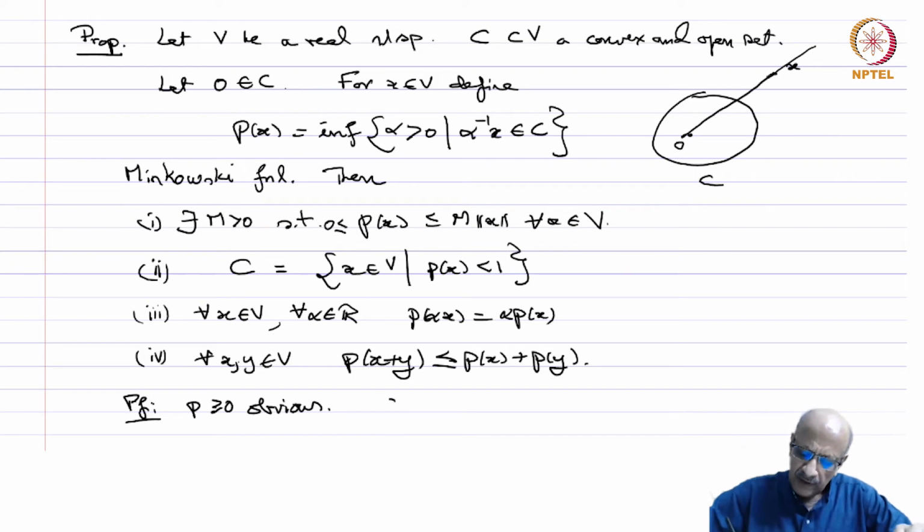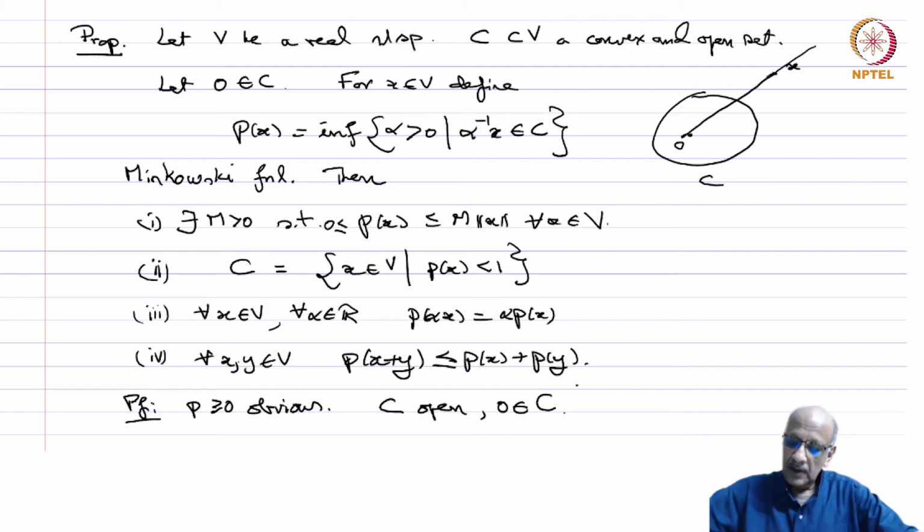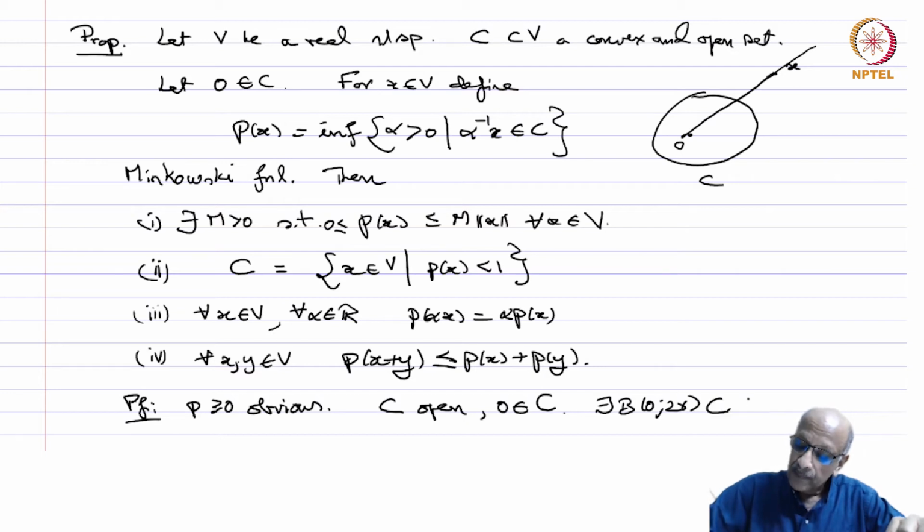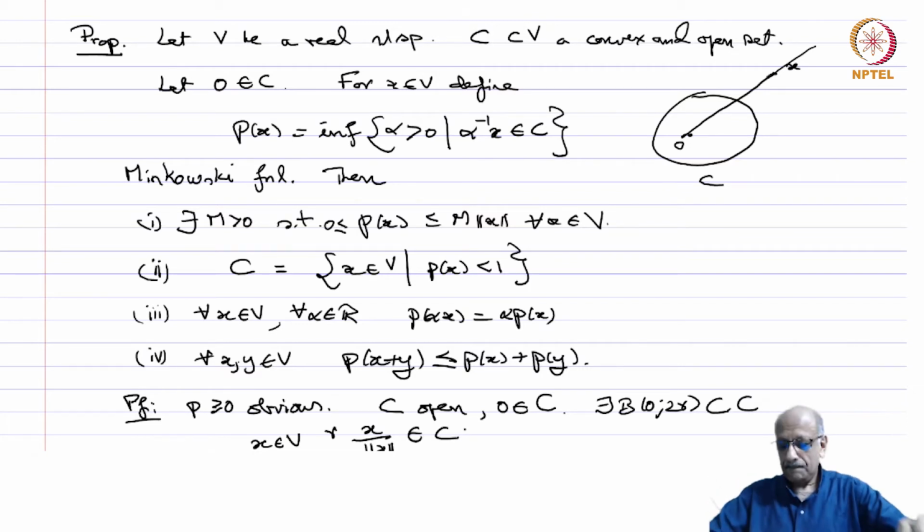Now C is open and 0 belongs to C. Therefore, there exists a ball, center origin and radius say 2r, which is completely contained in C. And therefore, if you take any x in V, you have r x by norm x belongs to C. So this is one of the alpha inverses.